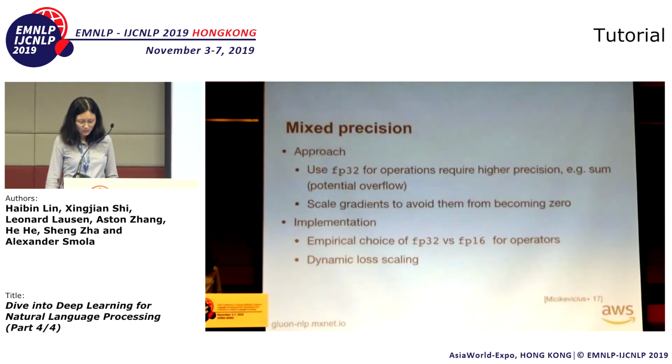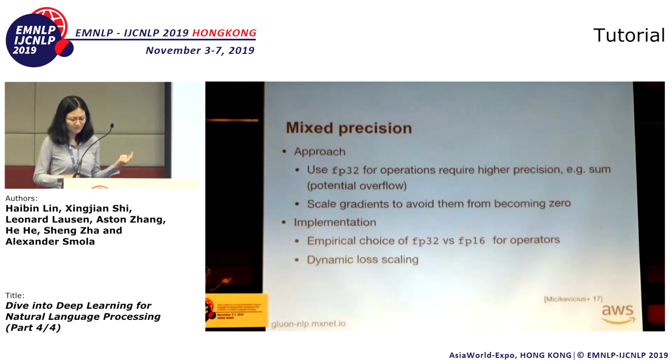The better thing we can do is to scale the gradients before we convert them to FP16 so that we don't have this zero out problem and the wasted bits. Then after we do the FP16 operation, we convert that back for FP32 operation. So that's why it's called mixed precision.